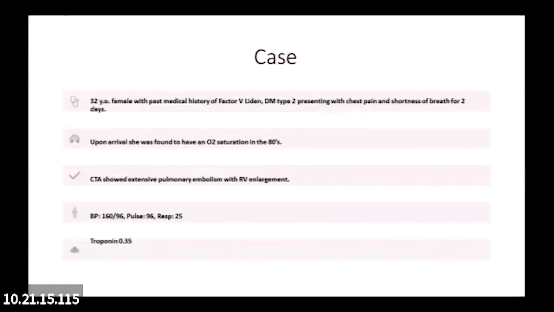Blood pressure is stable. Troponin is elevated, 0.35. By using a simplified PESI score, her score is 1. CT scan showed RV enlargement and she had a troponin elevation. So this is an intermediate high-risk patient.